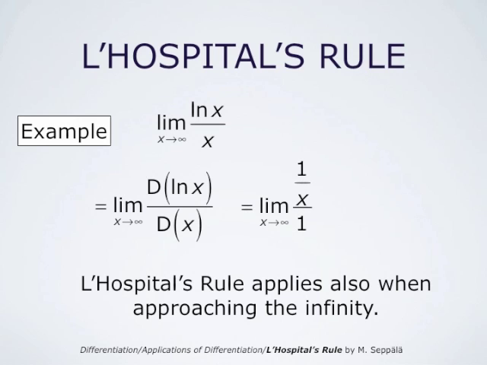That is the limit as x approaches infinity of 1 divided by x, divided by 1. But this limit is 0. So we were able to use L'Hopital's rule because as x approaches positive infinity, ln of x and x both approach positive infinity. Therefore, this limit could be computed by L'Hopital's rule, and the limit is 0.